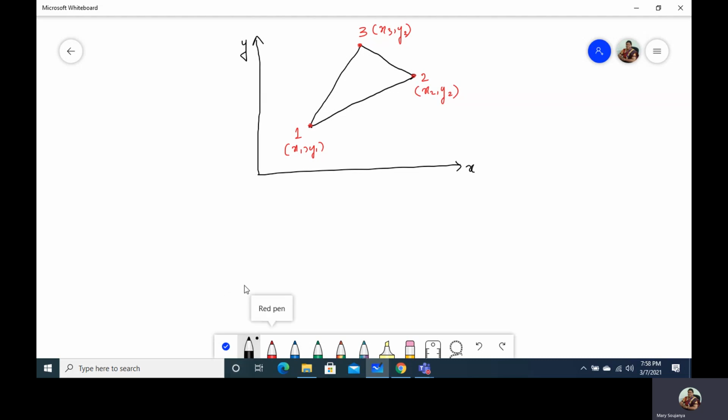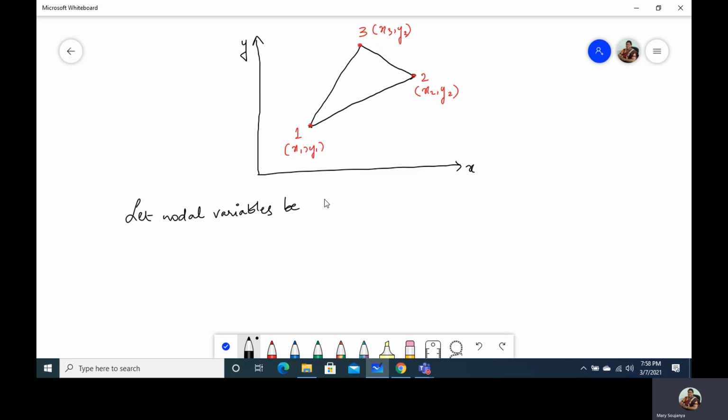Now let us consider nodal unknowns or nodal variables. Here nodal displacements are the basic unknowns for the problem, as we have discussed.